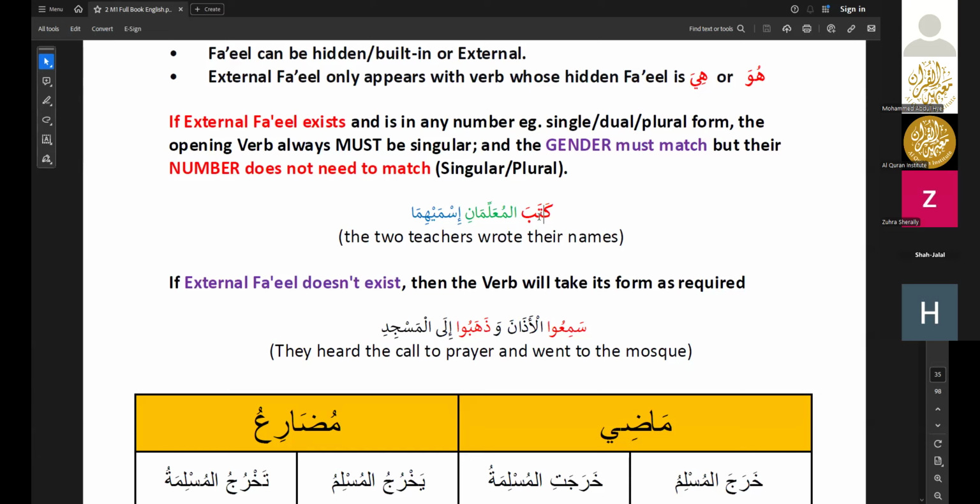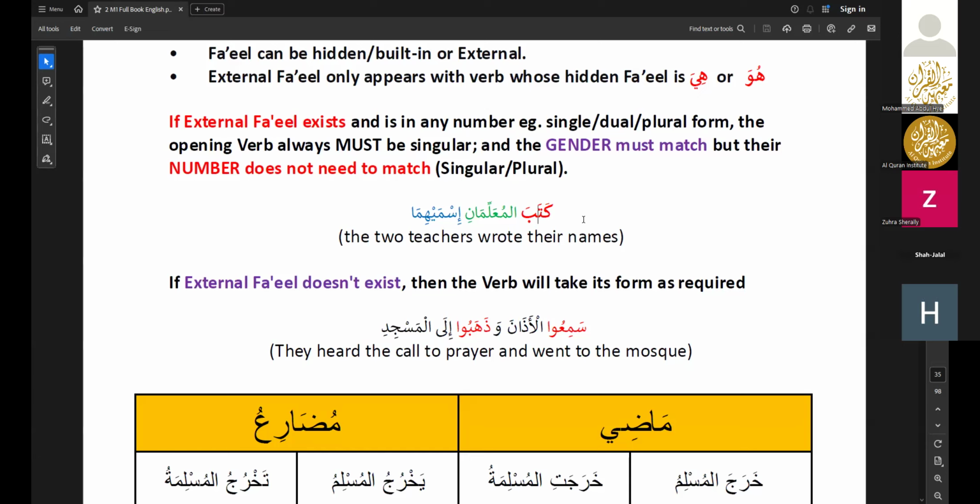Can I just explain to her, sister? Sister, sami'u is a hum form. It's not huwa form. Do you understand that? You know the 14 siga. Kataba is singular, and sami'u is hum form, more than one, plural.